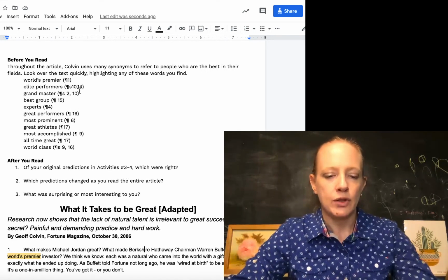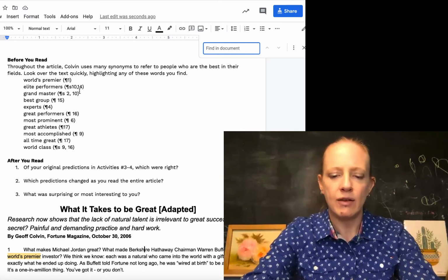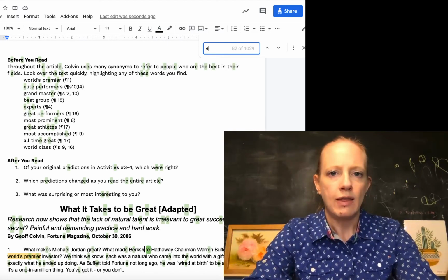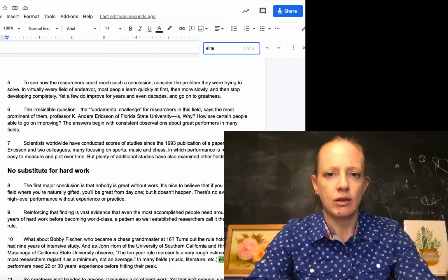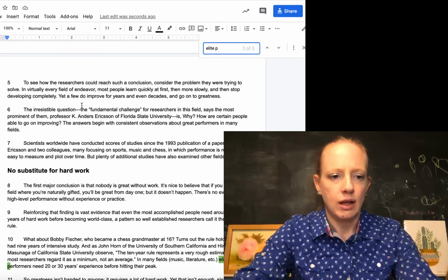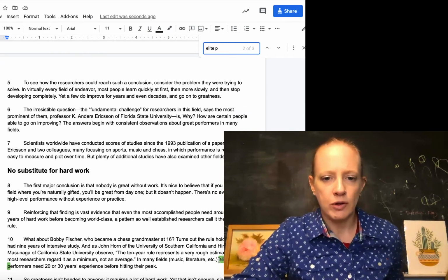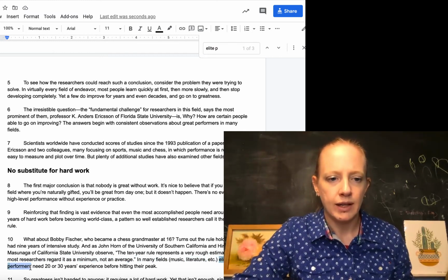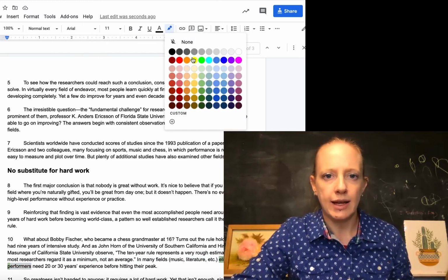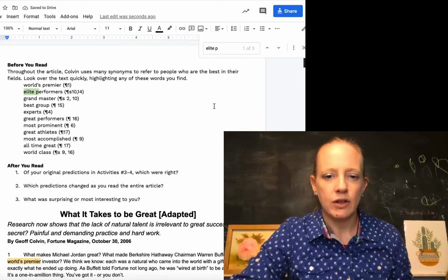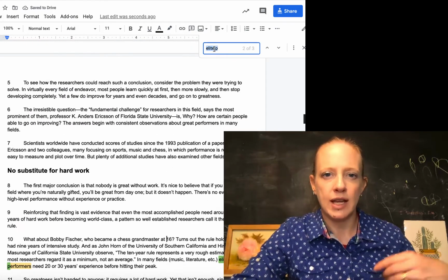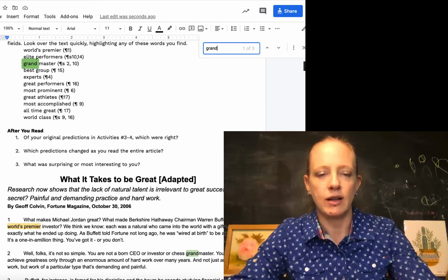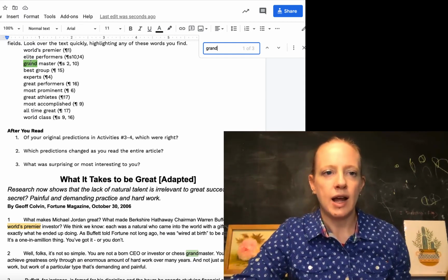Now, if you want to use the shortcut, you can go Control F or Command F, depending on what computer you're on, and then start typing in Elite, and then look right there, Elite Performers. It highlights it. You still have to do the work of selecting and hitting the highlight, but using this find function can really help you out. The same thing, I type in the next one, Grand, and notice it highlights it here.